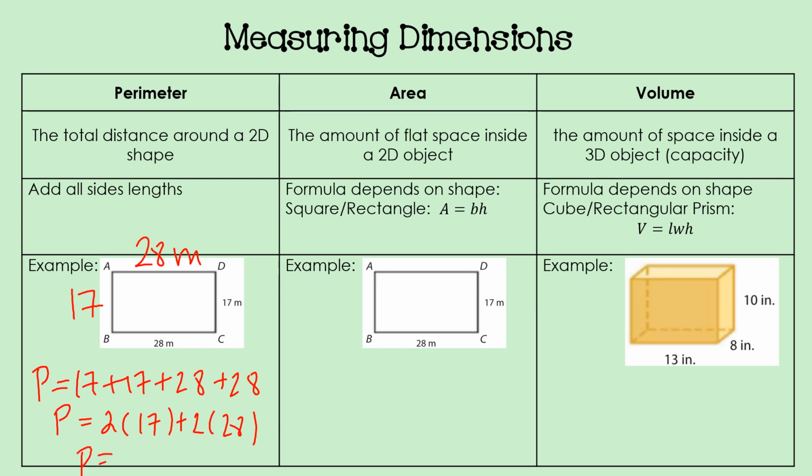But what's really important is that you're using units. They gave us the unit, which is meters, so perimeter should be meters. Don't put square. Square would be used for area. Don't put cubed, because cubed would be used for volume. If they do not give you a specific unit, then you would just write units, and you can use the letter U as an abbreviation.